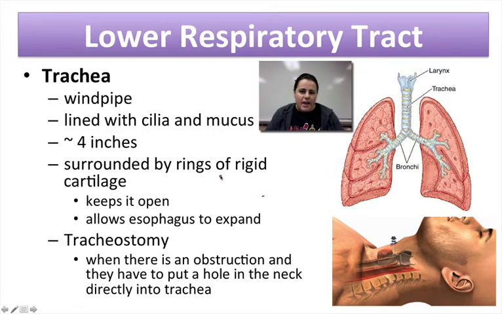Think of your vacuum hose, how it has these rings, and that's because as you're vacuuming, it creates negative pressure that would cause the tube to collapse on itself. So there have to be these thick rings that prevent it from collapsing from the pressure. And your trachea has these thick cartilaginous rings, shown in blue in the picture, to prevent it from collapsing on itself when you're breathing.